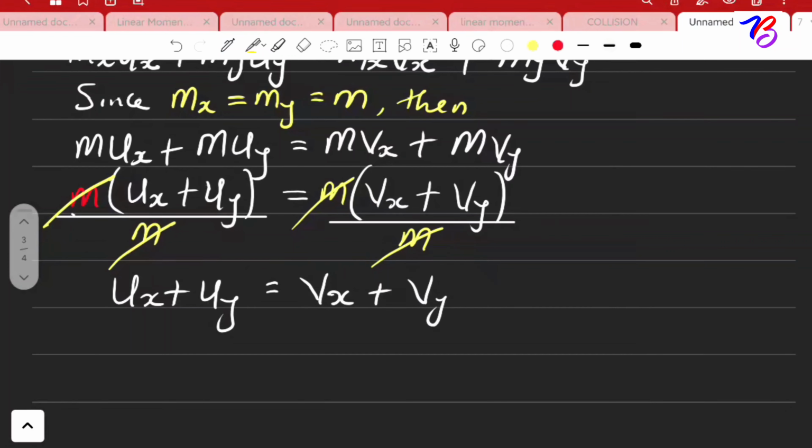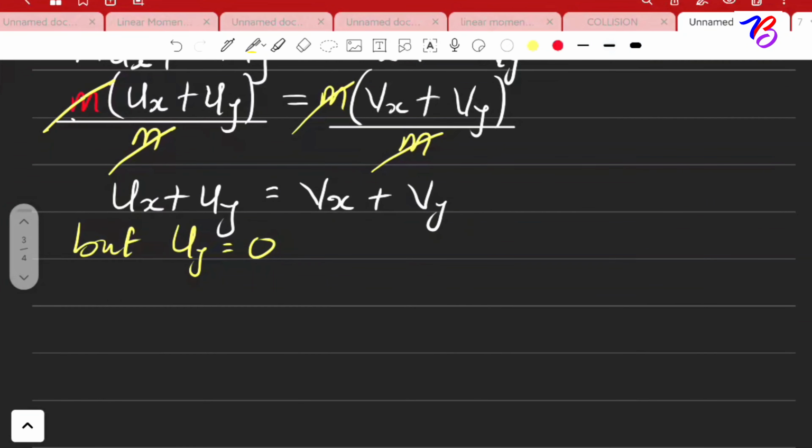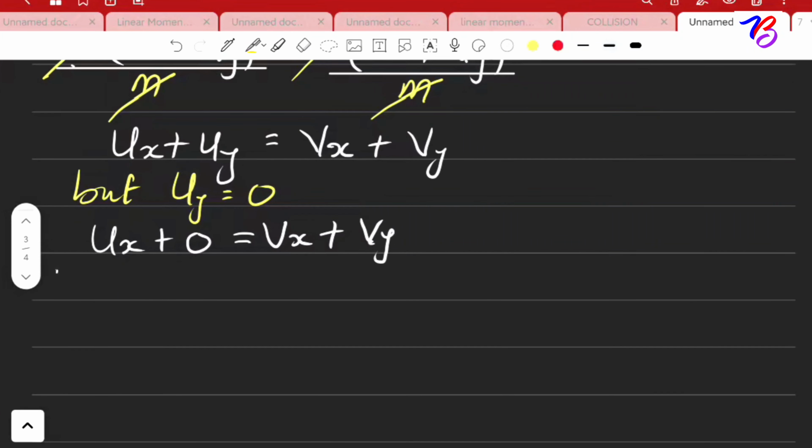Recall that y is stationary before collision, so u of y is equal to 0. Substituting, we have u of x plus 0 is equal to v of x plus v of y, so u of x will equal v of x plus v of y.